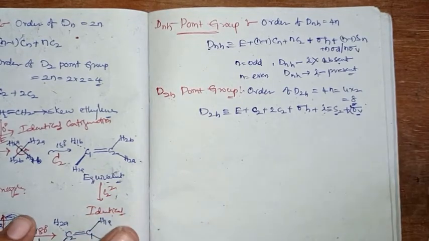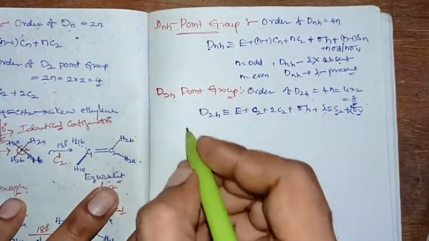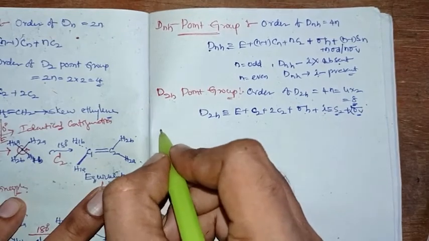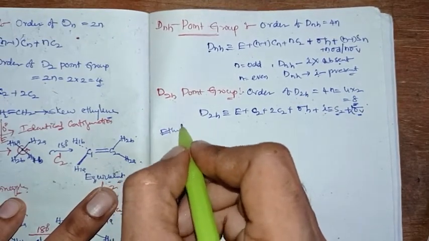The best example for analysis of the D2h point group is ethylene.